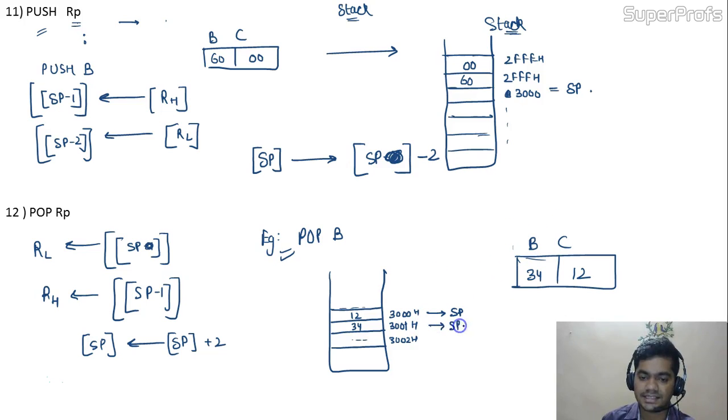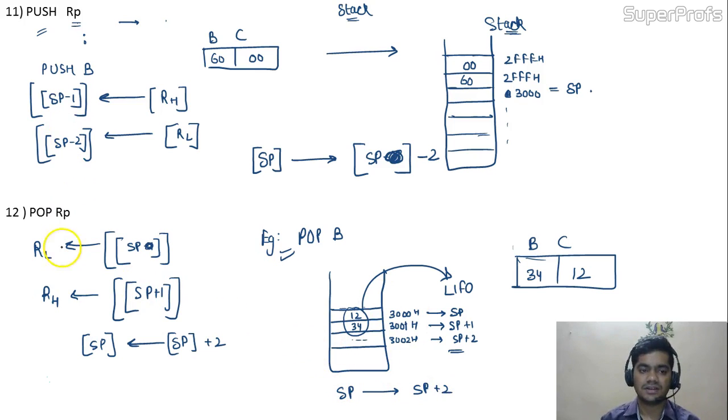Okay, and this is SP plus 1 and this is SP plus 2. So SP data would be transferred to RL, SP plus 1 data would be transferred to RH, and as these two data are popped out using LIFO technology, the content of the stack pointer is changed from SP to SP plus 2.